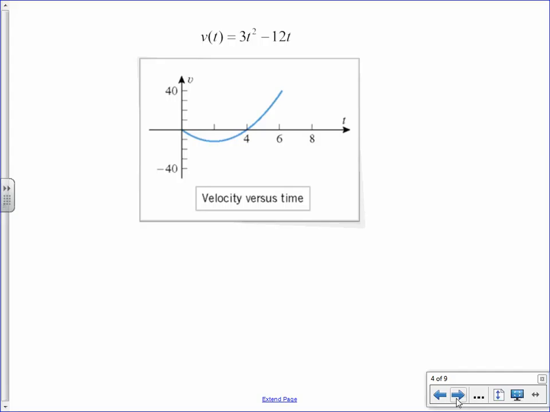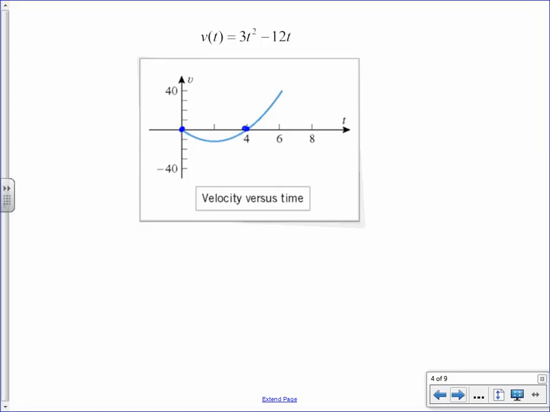Now I'm going to ask you what these coordinates mean. Jimmy? Speed of 0. Carter, do you agree? I'd say velocity.